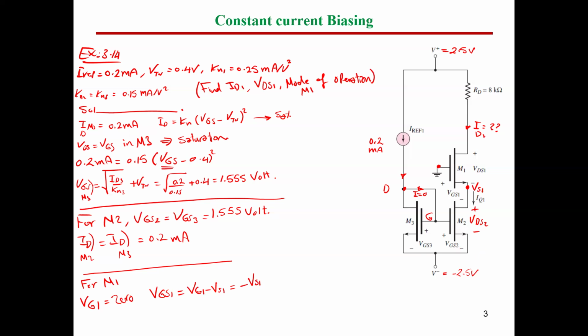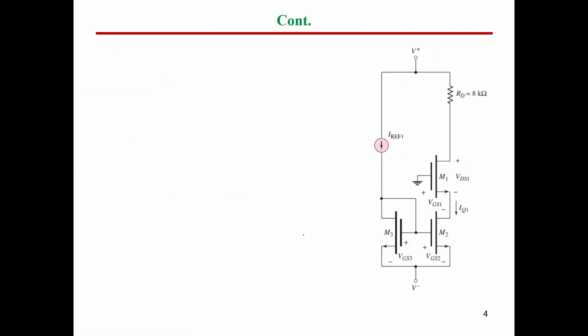We got the current already here. So how can we get the drain to source? So start firstly with VGS1. So we can say, guys, VGS1 equals, let's start in the other slide.